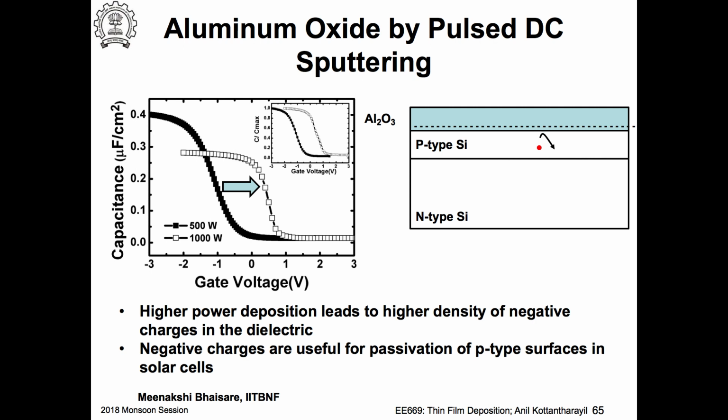You want to collect them, which means I don't want any recombination of these generated electrons and holes inside the device. This is a surface, and to passivate the surface you want to separate the electrons and holes. One technique is to actually create an electric field. If I have negative charges, what would happen?